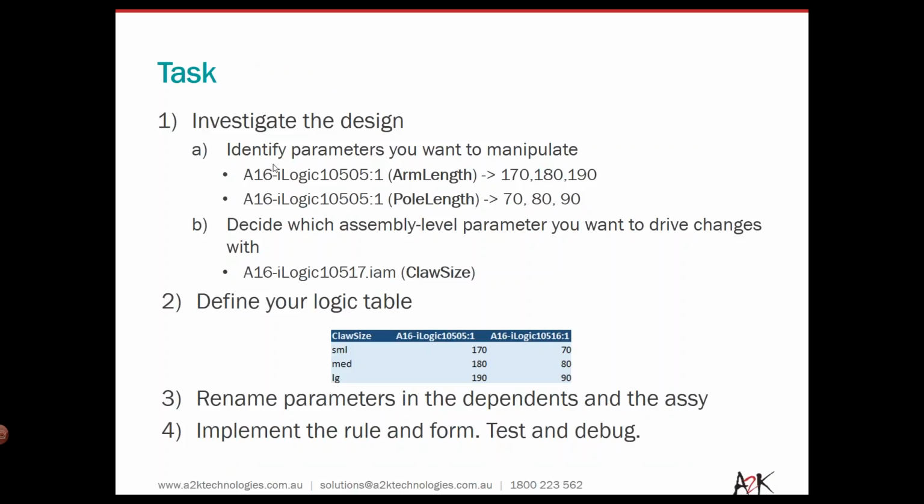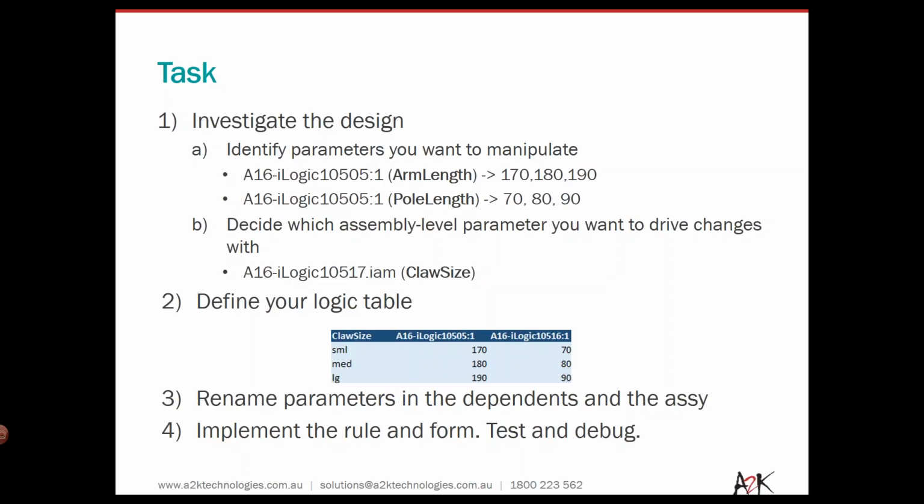So the task steps I've put together here are just looking at three simple parameters. The first step is to investigate our existing design. So initially we would come up with an assembly, and after you've done that, we're going to dig a little deeper and see which particular parts need to be manipulated.